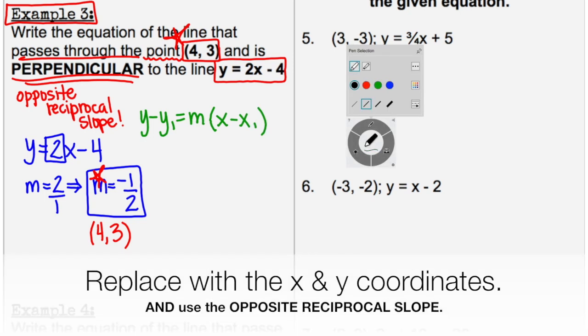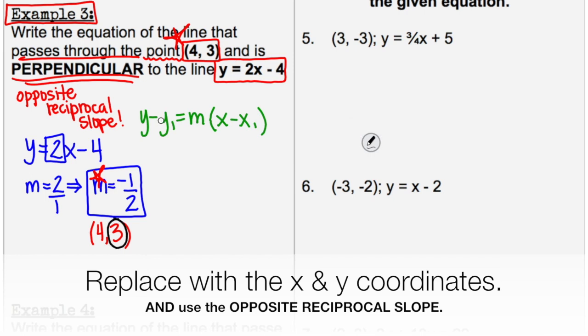With that formula, we replace the x and y coordinates and use our opposite reciprocal for our slope. In place of y1, we're putting the y coordinate of 3. In place of m, we're putting negative 1/2, not 2. We're using our new slope that we flipped upside down and changed the sign.